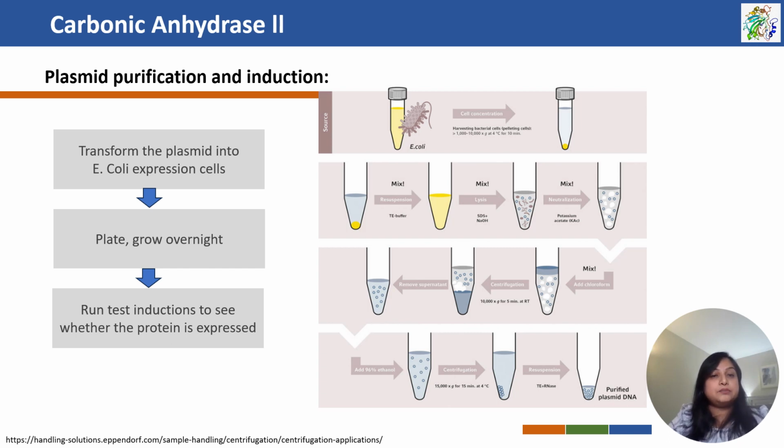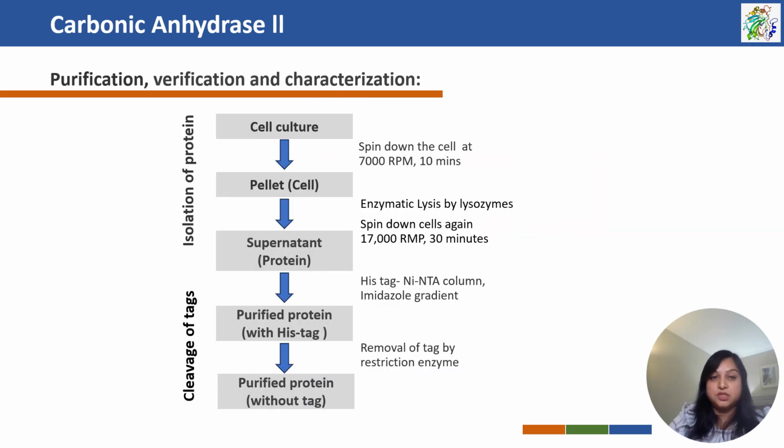When I got my desired plasmid, I transformed it into the cell for protein expression. After overnight growth of this bacteria, I ran induction tests to see whether my protein was expressed. And I found that my protein was expressed, so that was great. After having my protein expressed in bacterial cell, I developed a protocol for purification.